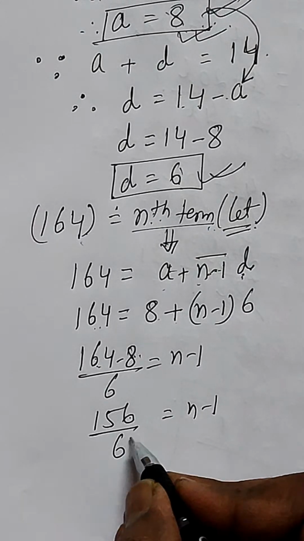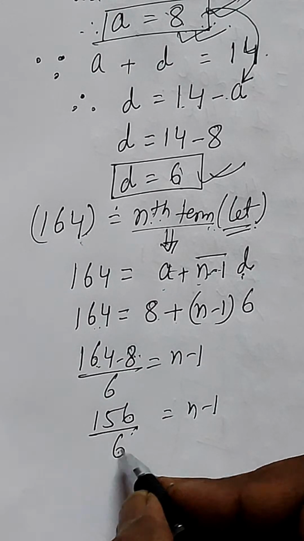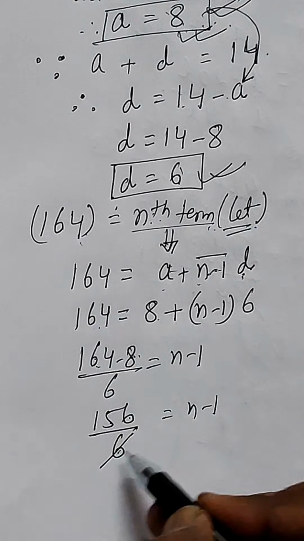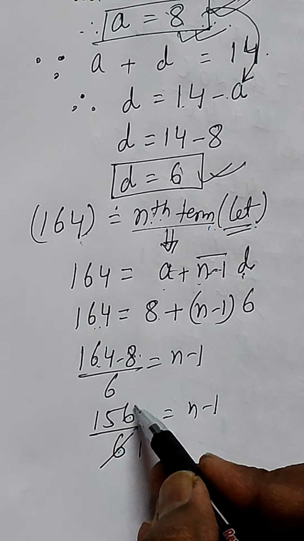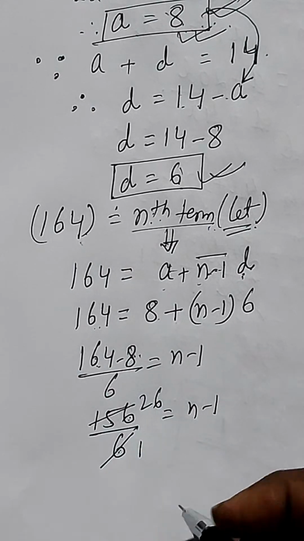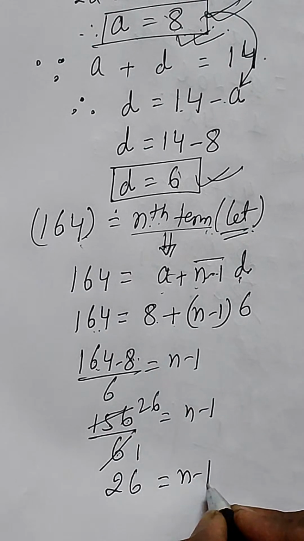Just you can see whether it's divisible by 6 or not. 6 times 1, 6. 6 times 2, 12. 6 times 6, 36. So 26 equal to n minus 1.